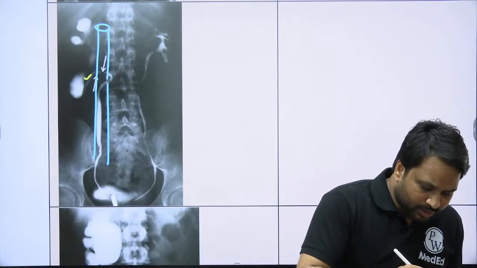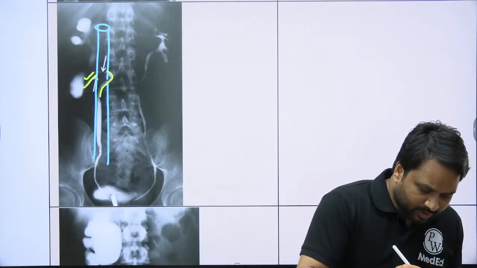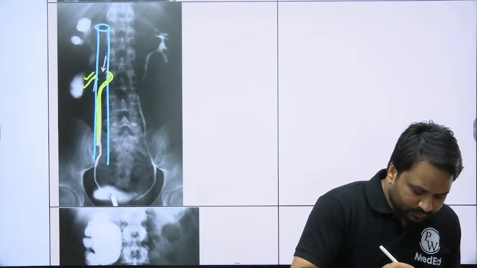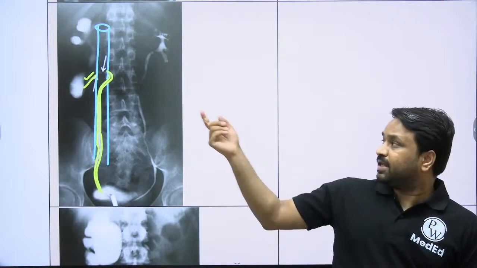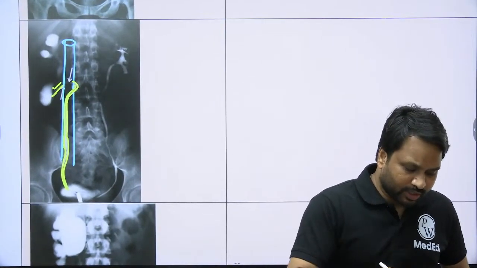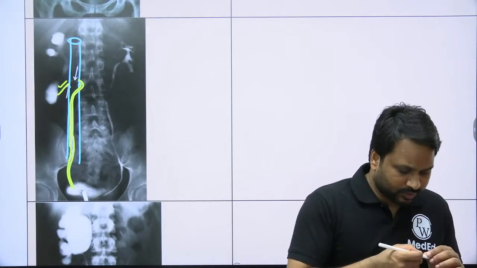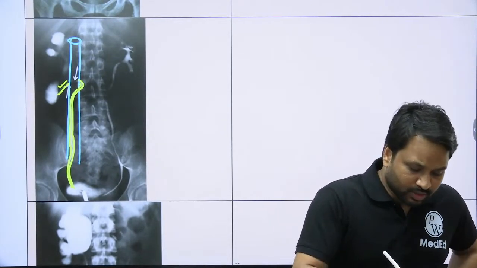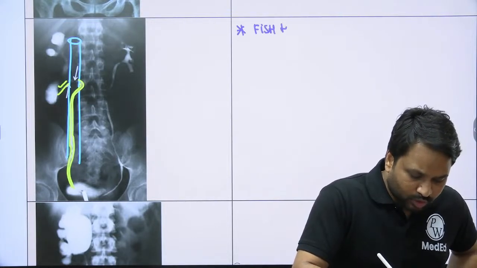The ureter originates from here, goes behind the IVC, comes in front of the IVC and runs, and then opens onto the bladder. It is like a fish hook ureter. This fish hook ureter is nothing but your retrocaval ureter. So this is what we call a fish hook ureter.